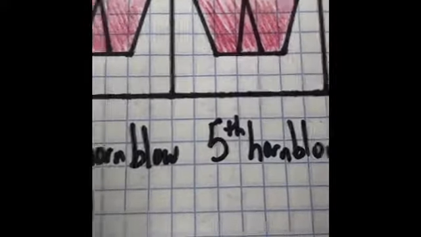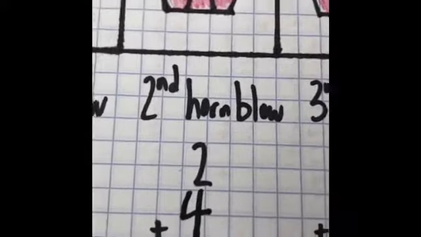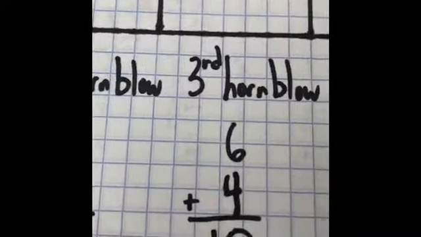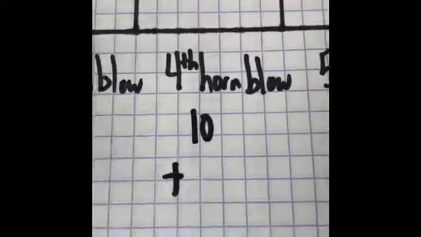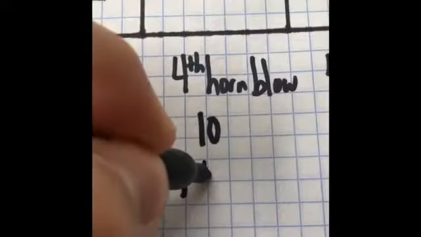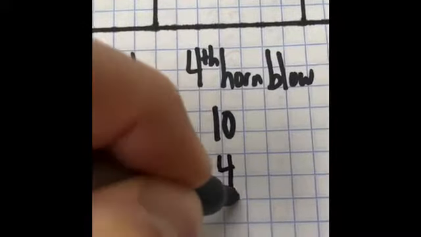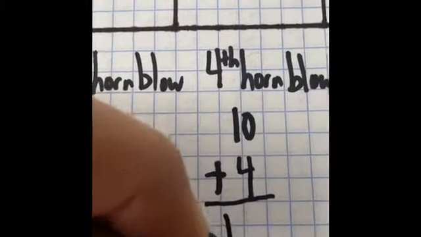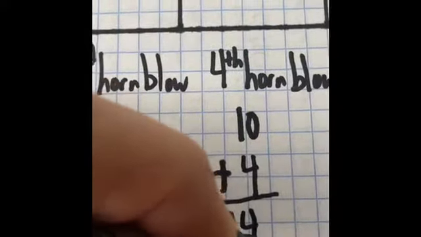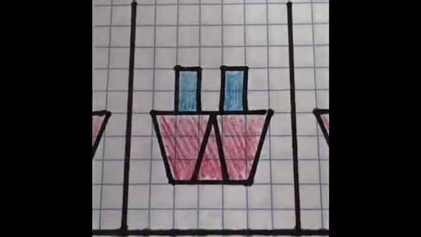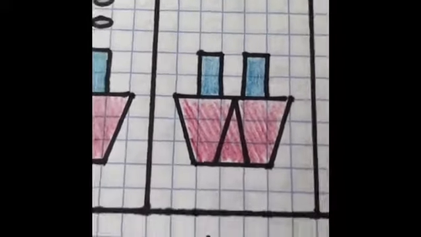We have the 10 plus, well, we added 4 for this one and 4 for that one. Let's try adding 4 for this one. That equals 14. And I could draw 14 circles of smoke.